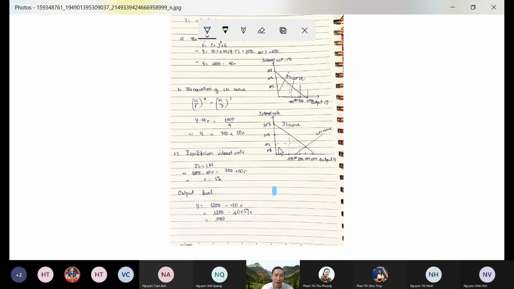Okay, so that is for other people. The next two questions: if the government wants to increase income to 1,100, the same as for question 2-3, by how much does the government change its income tax? And by how much does the central bank change the money supply?